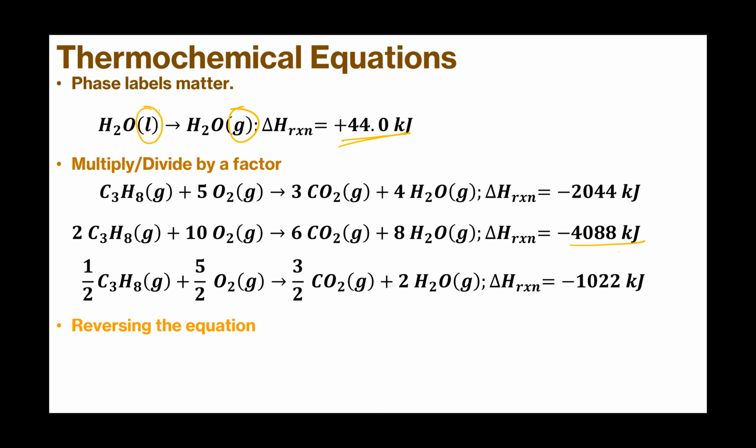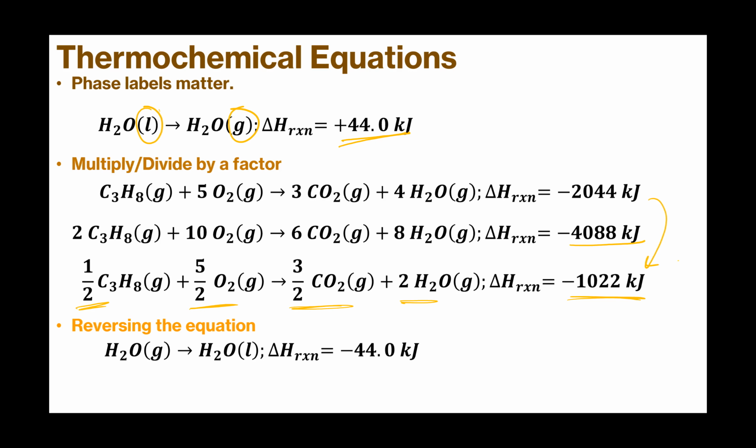If we divide the first equation by 2, then we get a half of propane, 5 halves of O2, 3 halves of CO2, 2 waters, and it cuts our heat in half, right? 2044 becomes 1022, okay? We can also reverse the equation.